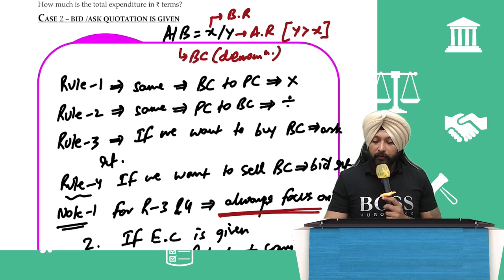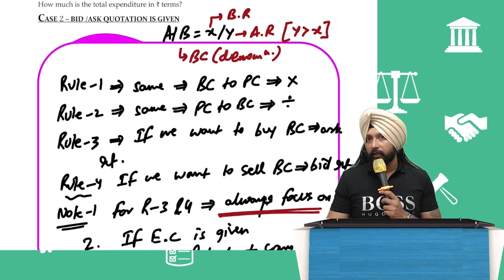X is bid rate, Y is ask rate, and you know Y should be greater than X.